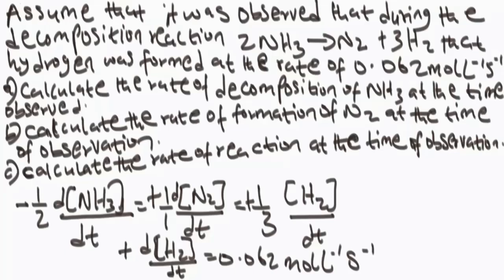To get that of ammonia, and we are given the appearance of hydrogen, what we are going to do is write the reaction involving hydrogen and ammonia, since the rate of ammonia decomposition will be calculated from the rate of formation of hydrogen. Let me show you.